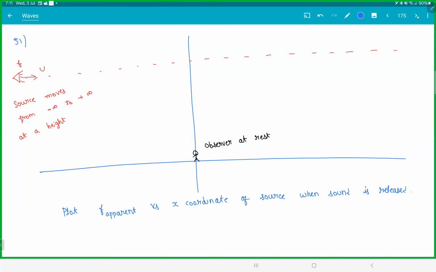Decreases and then increases. Okay. Try. I'll give you a minute more.